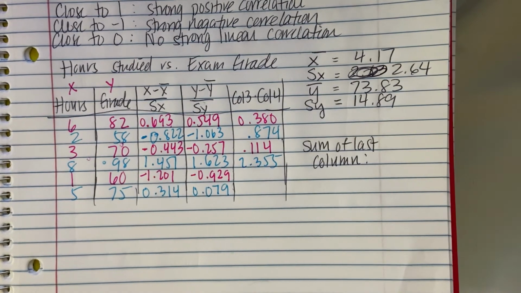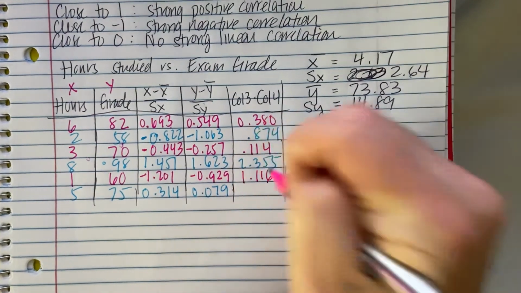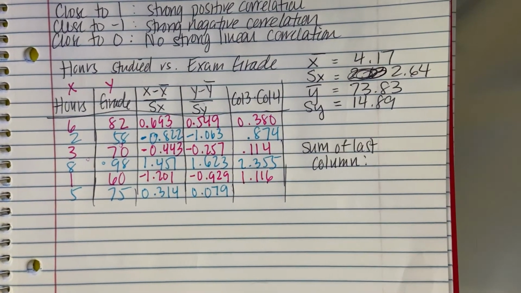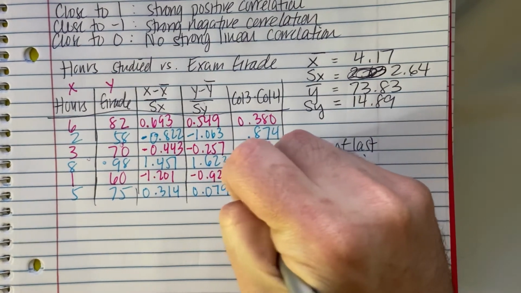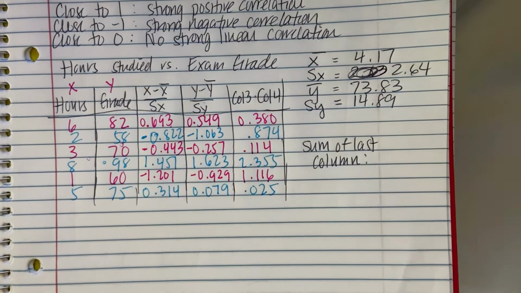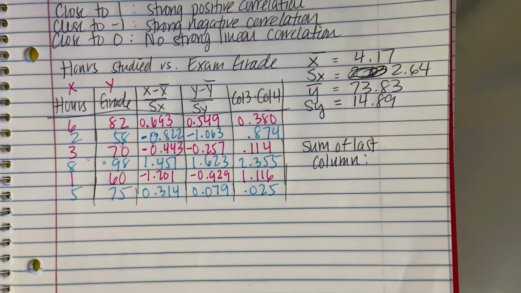Negative 1.201 times negative 0.929 is 1.116. And lastly, we've got the 0.314 times 0.079, which is 0.025.